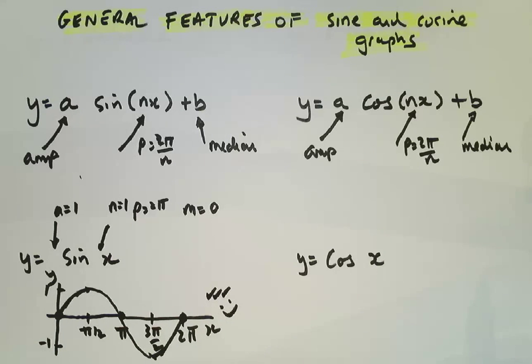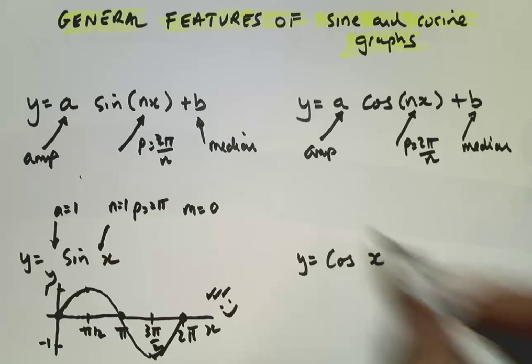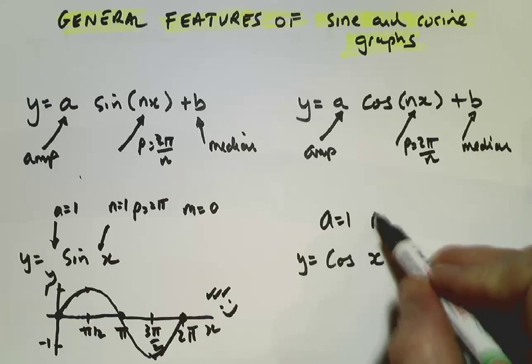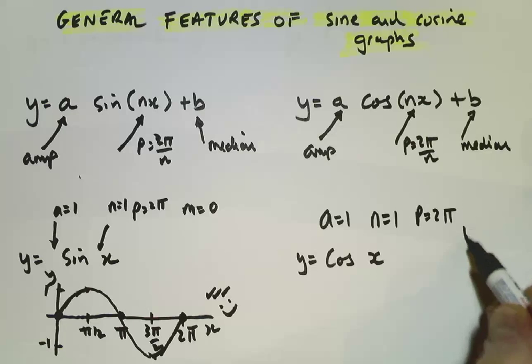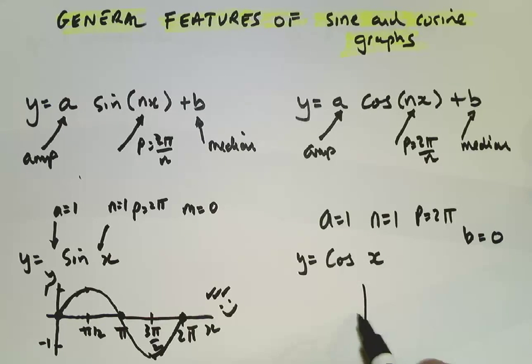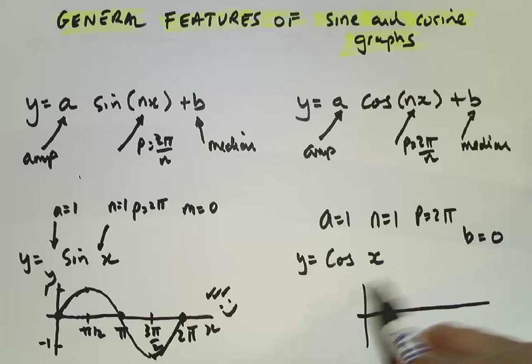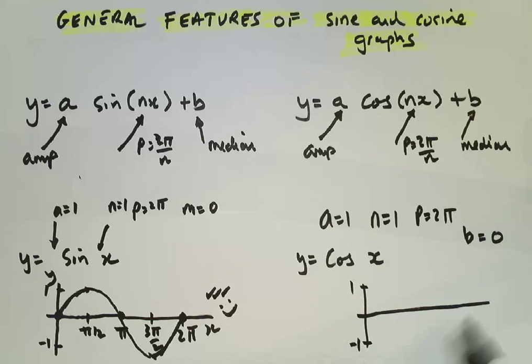And if I was to look at what the cosine curve looks like, again, A equals 1, N equals 1, therefore the period is 2 pi, and the median is 0. So our cosine curve, going from 1 to -1, across to 2 pi, divide them into quarters, that's pi, pi on 2, 3 pi on 2.